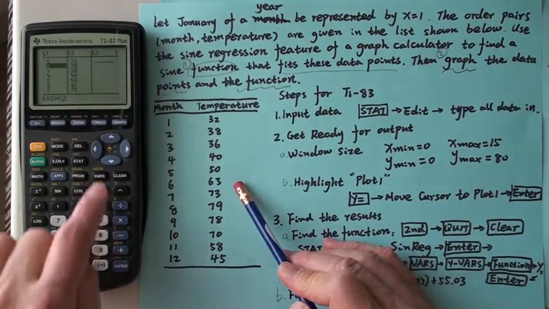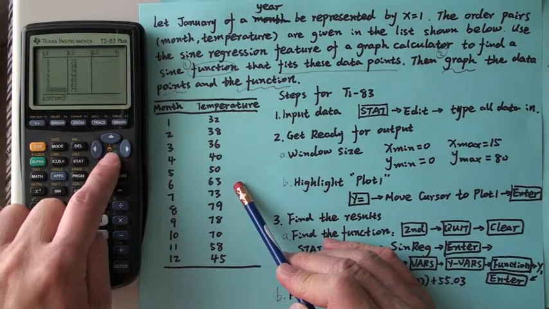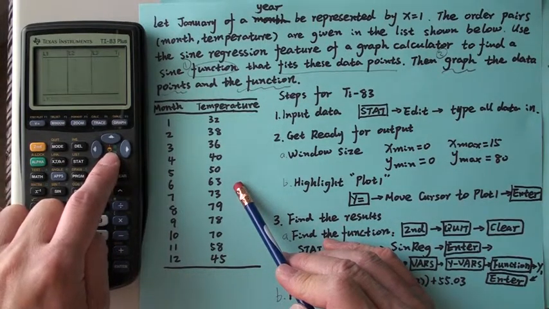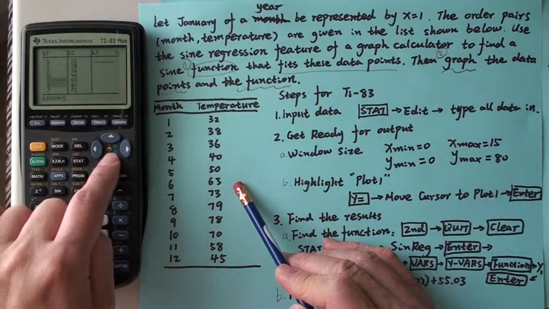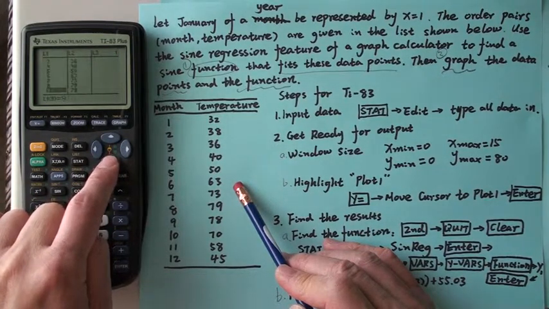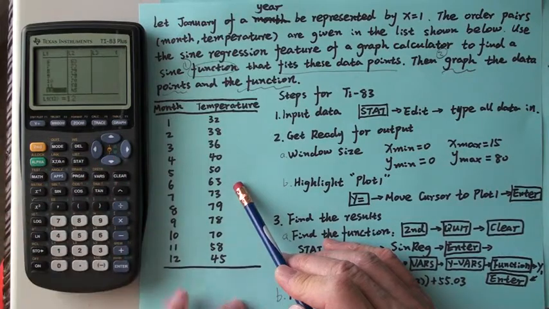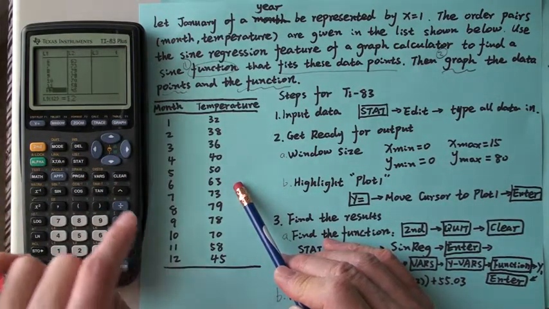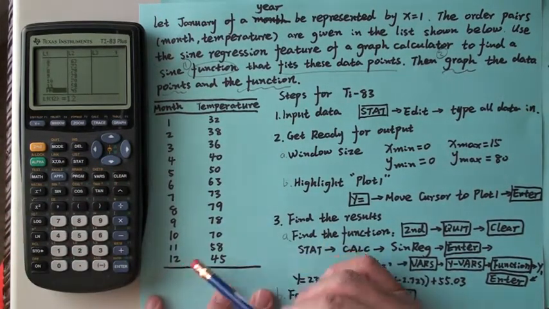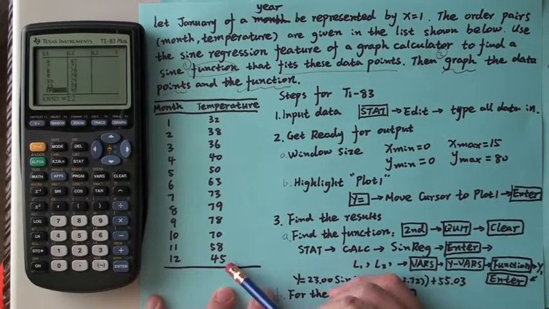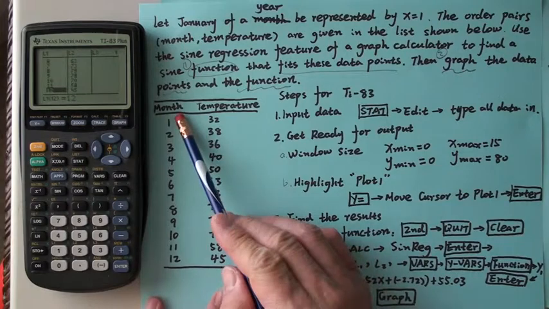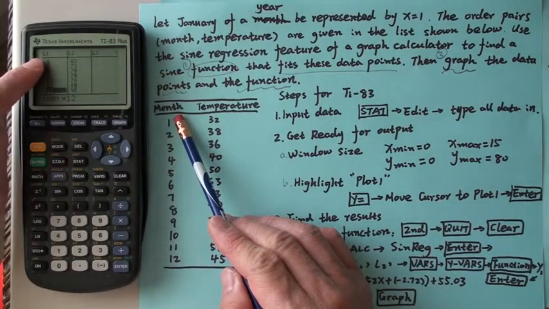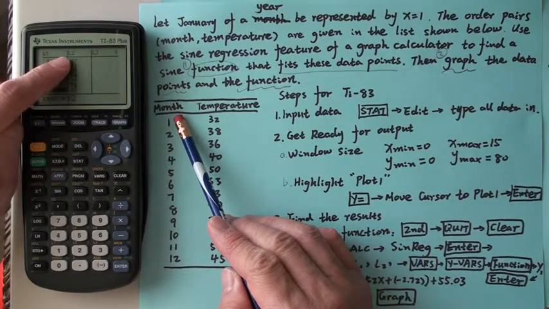All right. So how many pairs do we have? 12 pairs. It goes down, 7, 8, 9, 10, 11, 12. So when x is 12, y is 45. Down here we didn't use X, we use L1, and here is L2.